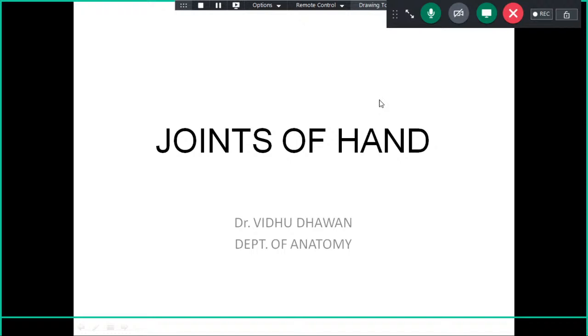Okay, ma'am. What kind of movement will occur to the middle finger due to contraction of the dorsal interossei? Because they are on both the sides. See, the axis of the hand is around the middle finger, isn't it? So how will the middle finger move? Yes, that's the doubt.